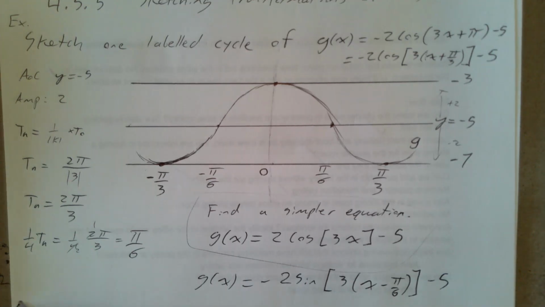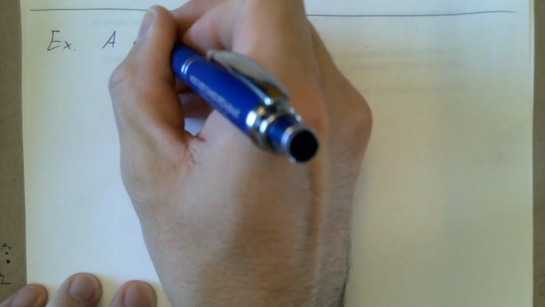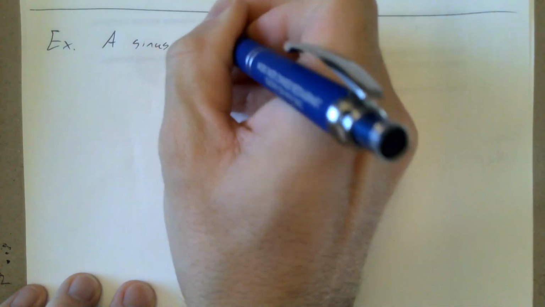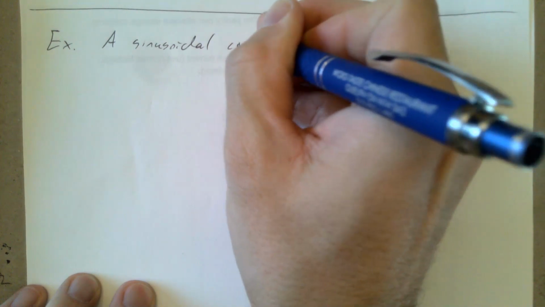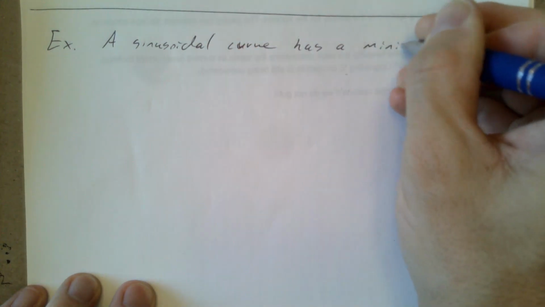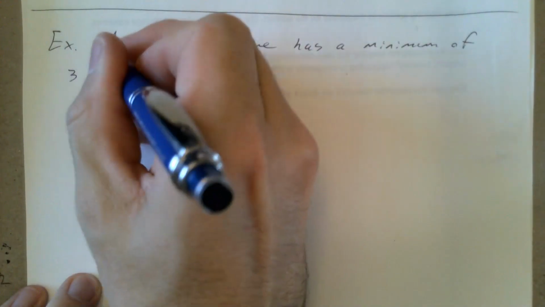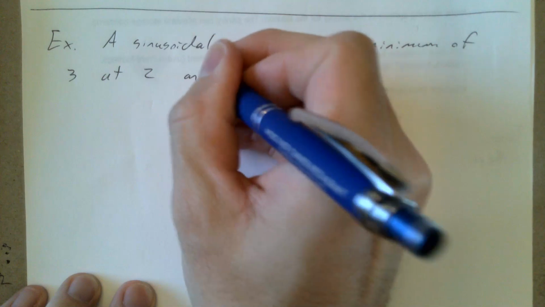That might help us in the next type of question where we are asked to find an equation for a curve. Let's say a sinusoidal curve has a minimum of 3 at 2. Oh, sorry.